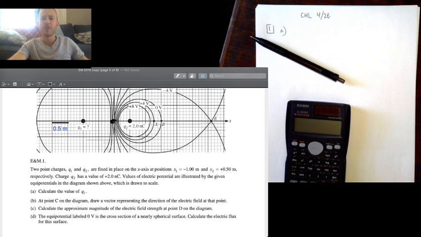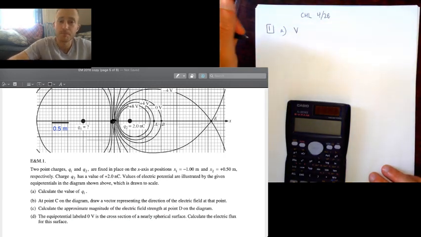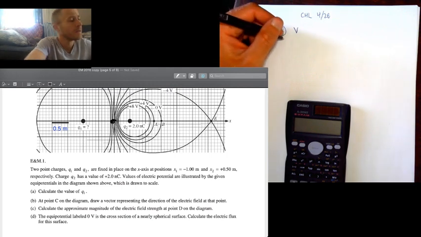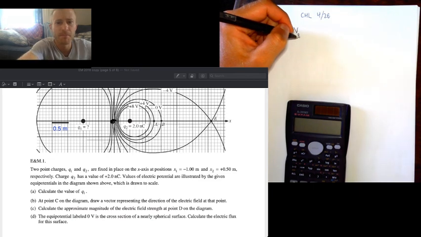So I'm actually going to choose point B, and I know that point B has potential 0, because that's the equipotential that it's on.